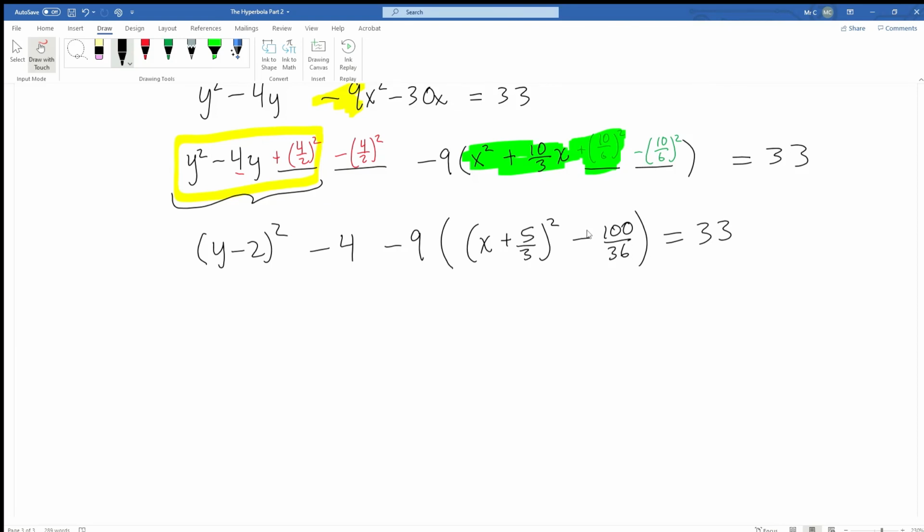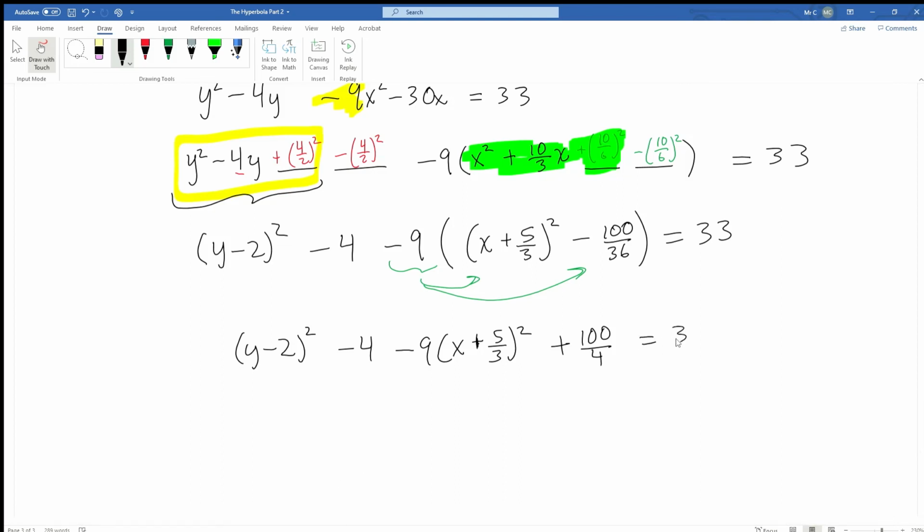Well, it's still a little bit of a mess here, but we can clean it up further. Let's take this -9 and distribute it. So here we have y minus 2 squared minus 4 minus 9 times x plus 5/3 squared plus, and when I take 9 times 100 over 36, 9 over 36 will simplify to 1 over 4. So this is 100 over 4, and we're equal to 33.